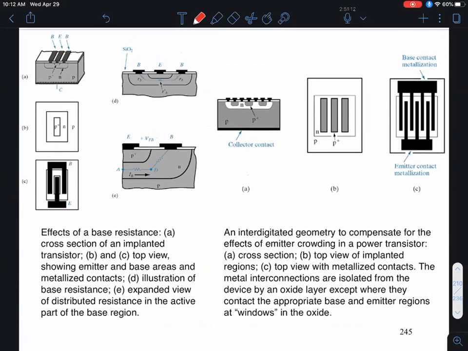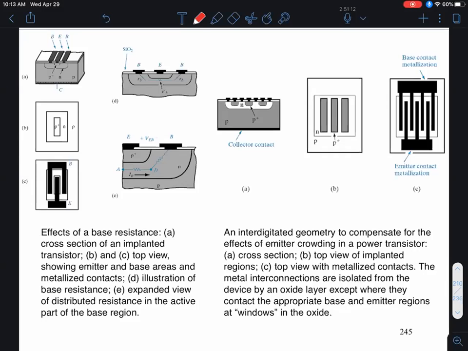All right, let me wrap up our discussion of BJTs by sharing a few thoughts about equivalent circuits. I'm looking at the cross section of a BJT, and what's shown over here are the series resistances in the base region, which I call RB.